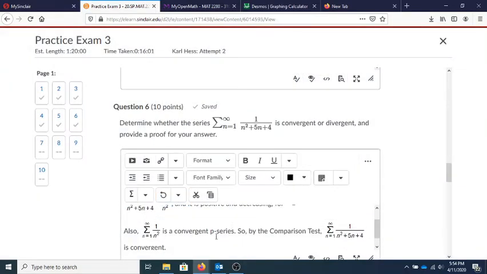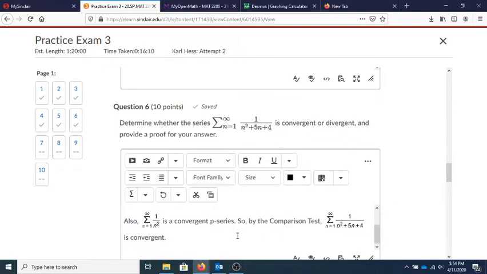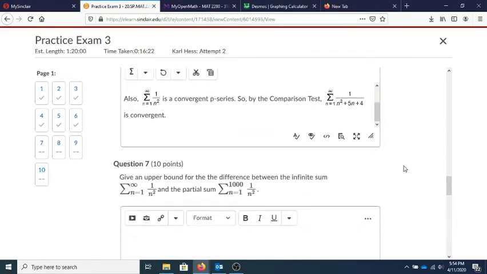That looks a lot better. So by the comparison test, the series where the nth term is 1 over n squared plus 5 to the n plus 4 is convergent. Click. Alright. I hadn't noticed this before, but when I clicked outside the box, up here it tells me saved.